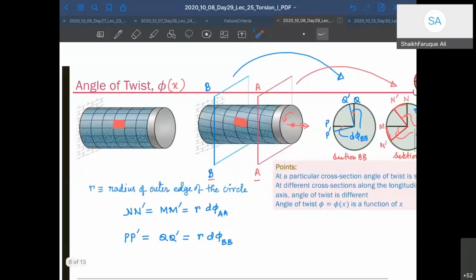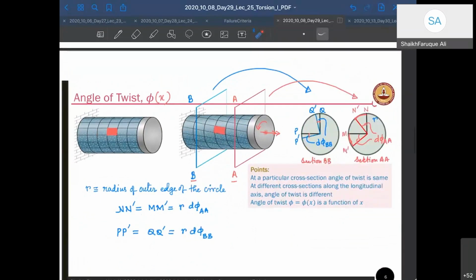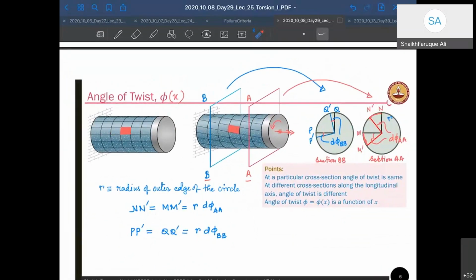The shift from N to N dash, or from M to M dash, they're going to be the same because it's symmetric, is r d phi a, where R is the radius of the cross section. And similarly, PP dash and QQ dash is R d phi b, where R is again the radius of the cross section.